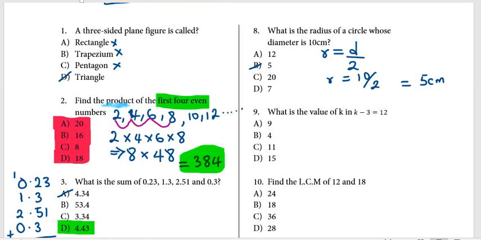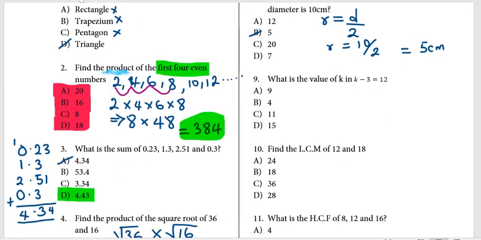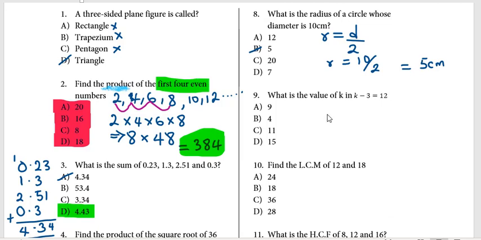Let's go to question number 9, and then up to 10. We are progressing, and that's nice. Okay, what is the value of k in k minus 3 equal to 12? So we have k minus 3 is equal to 12. This is algebra. So at this very point, k can never subtract 3. So we have to collect like terms.